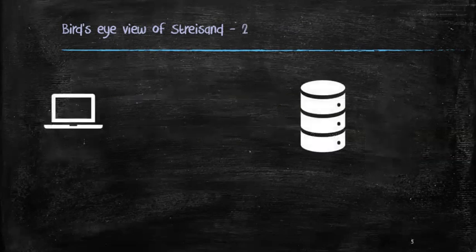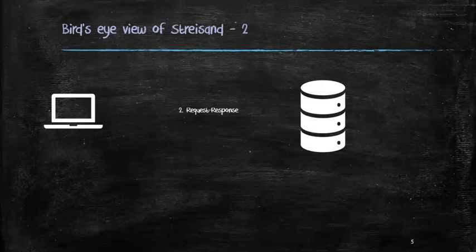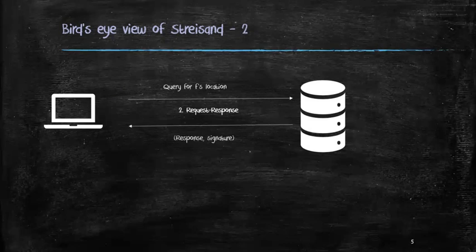Then at a later point in time, the client wishes to inquire about the status about this file that it uploaded. So now it initiates this protocol called the request response protocol, where it uses a seed to create a query for F's location and sends it to the server. The server processes the request from the client, creates a response, creates a signature, and sends the response along with a signature to the client.